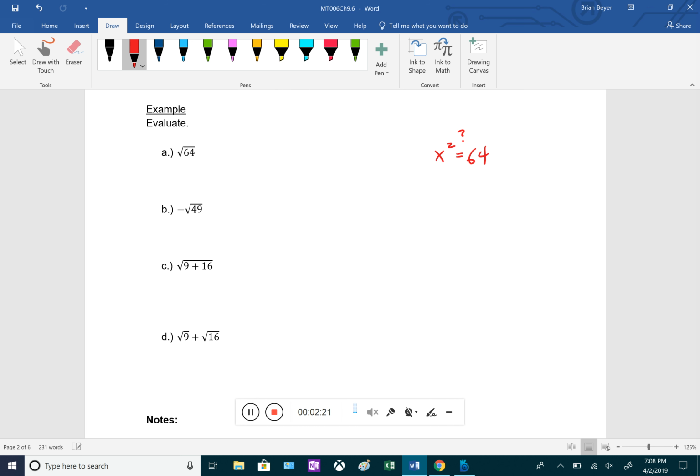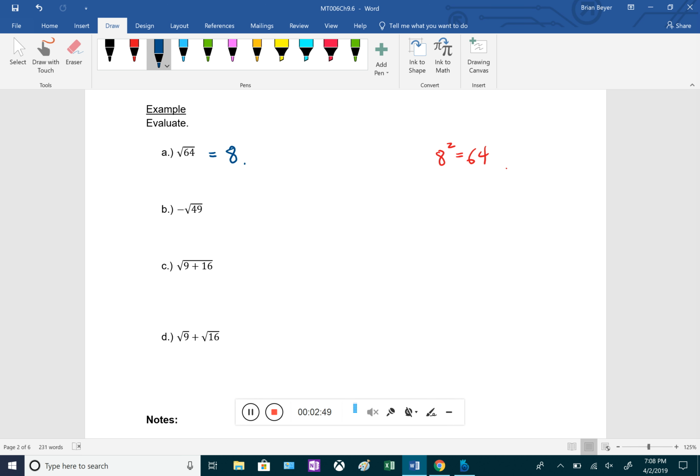When you're thinking this to yourself, maybe go through your little times tables, and say 2 times 2 is 4, 3 times 3 is 9, 4 times 4 is 16, and so on, until you get 8 times 8. 8 times 8 is 64. That means the square root of 64 equals 8. That is because 8 squared equals 64.